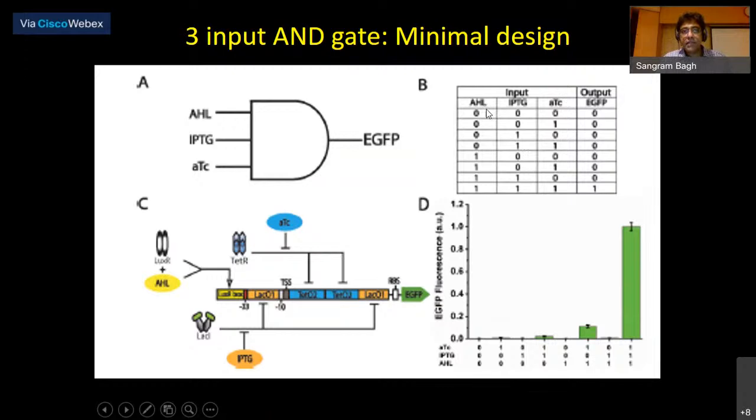The AND gate says that only when these 3 chemicals are present will this EGFP, the green fluorescent protein, be produced. And in the experiment, that is exactly what is happening. When all these 3 chemicals are present, you can see an increase in the EGFP expression. In any other case, it is either 0 or very low. So in reality, it is giving you a 3-input AND gate circuit.